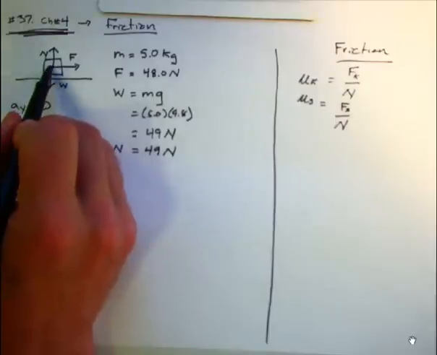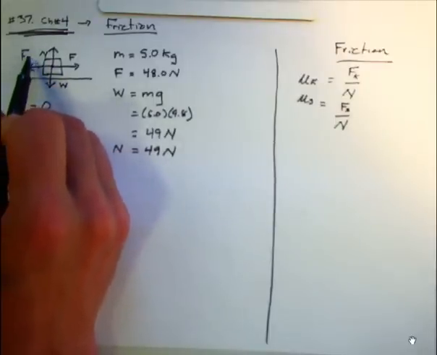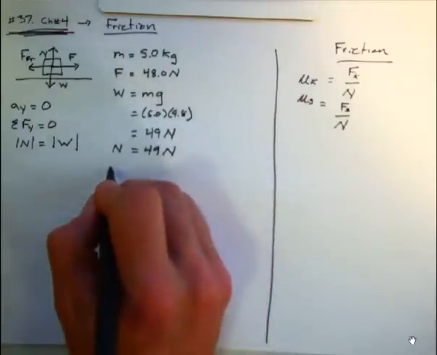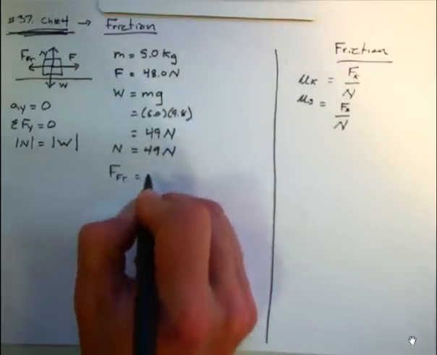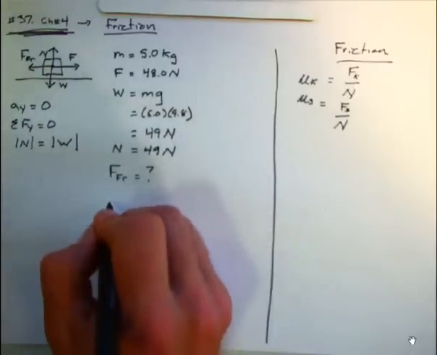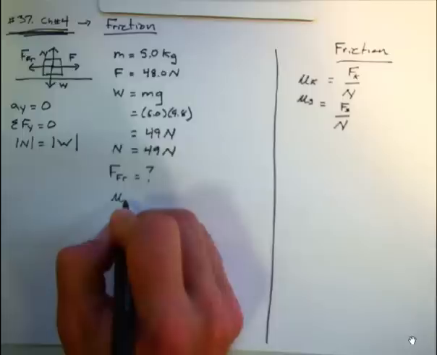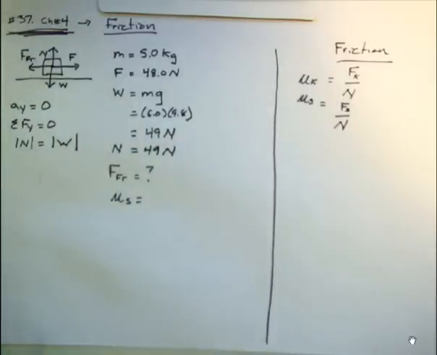Then we have friction. Your book labels friction with F sub FR. That's what we're looking for, because if we know friction, then we could figure out what, say, the static friction coefficient is.